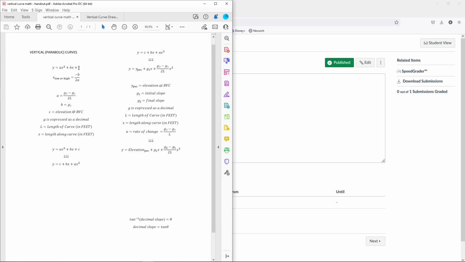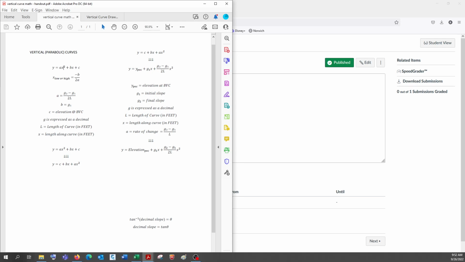The variable c is the elevation that we start our curve, so the elevation at the beginning of the vertical curve. And then that variable x that shows up a couple times, so x squared, and then over here we have x times b, and x is the length along the curve that we're talking about.